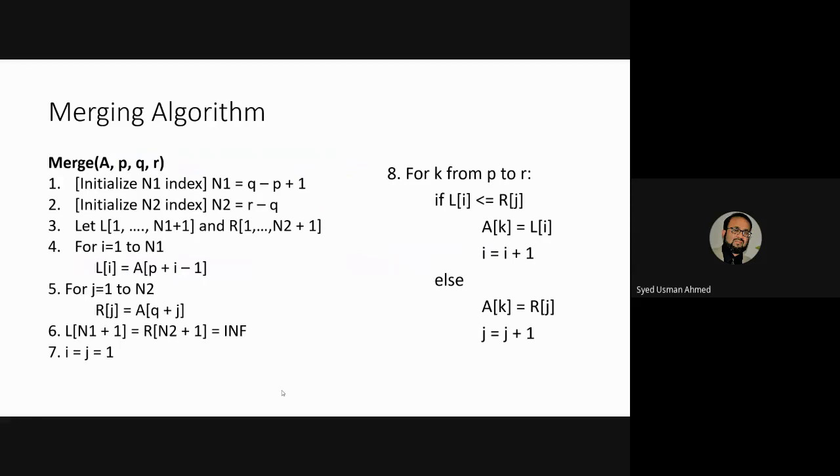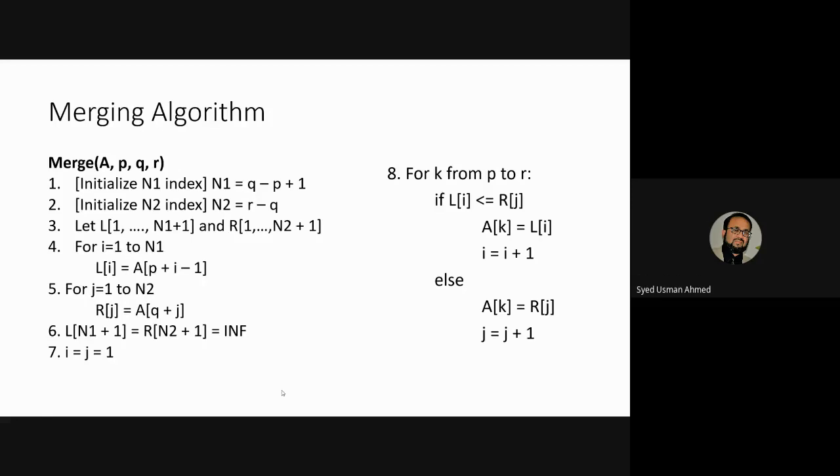The merging procedure starts with dividing the complete array into two sections, right? n1 is the number of elements in the first section, L, and that number is q minus p plus 1, right? And n2 is the number of elements in R. So n2 is r minus q. So there are two lists.